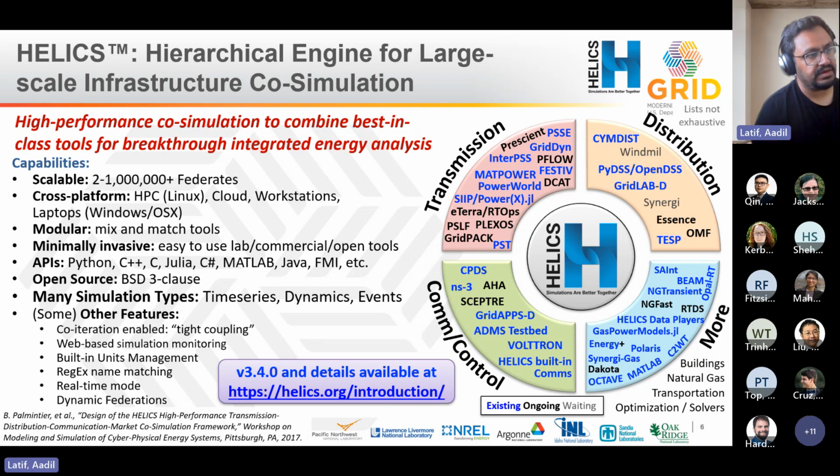For example, SIME, OpenDSS, GripLD, all have a Helix interface that we have. We've already integrated PSSE, DynGrid, InterPSS, Festive, all of these different tools for the transmission system have a Helix interface as well, right? And same is true for the comms control and additional tools for buildings, for natural gas, for transportation, etc. Any questions up to this point?